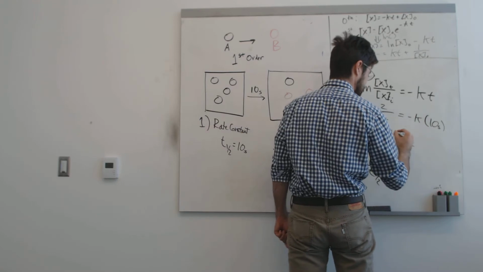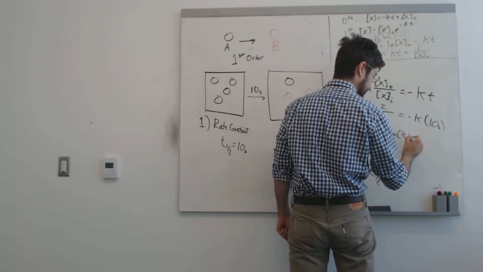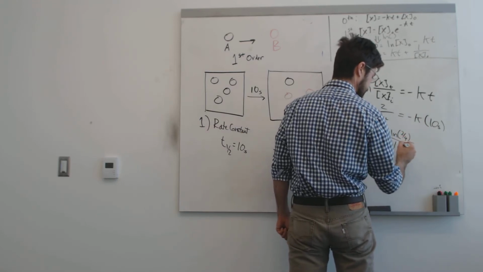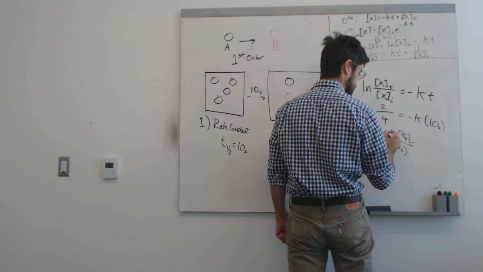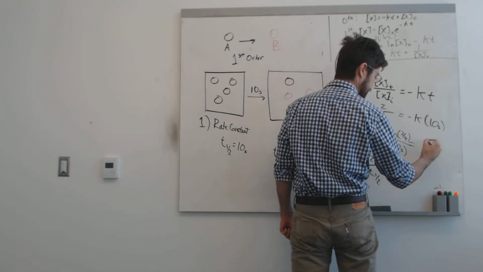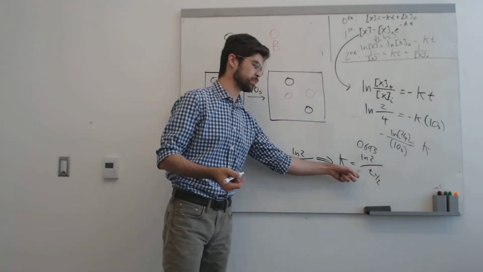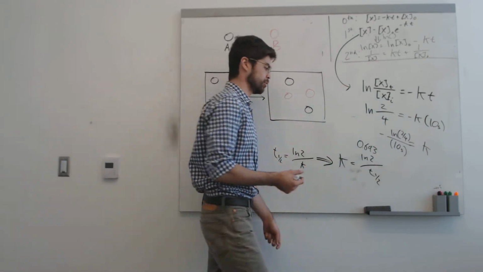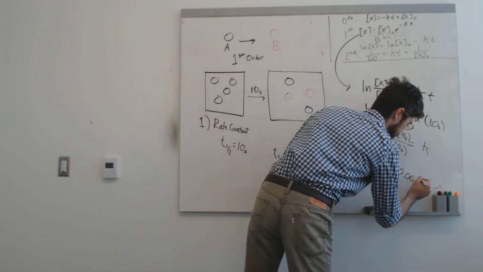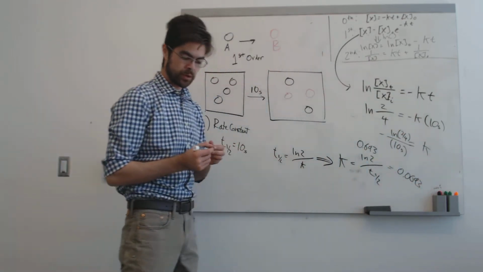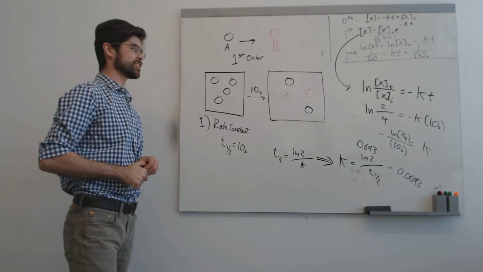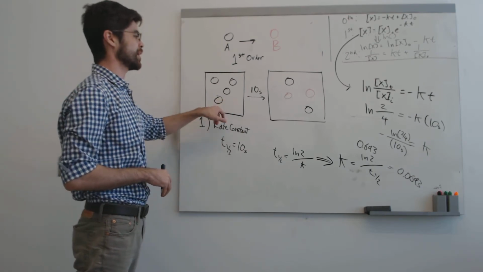So I end up with natural log of 2 over 4 divided by 10 seconds. And I also need to pull over the negative sign. That should give me the rate constant. If you plug that in, you'll get the same value here, which was 0.0693.